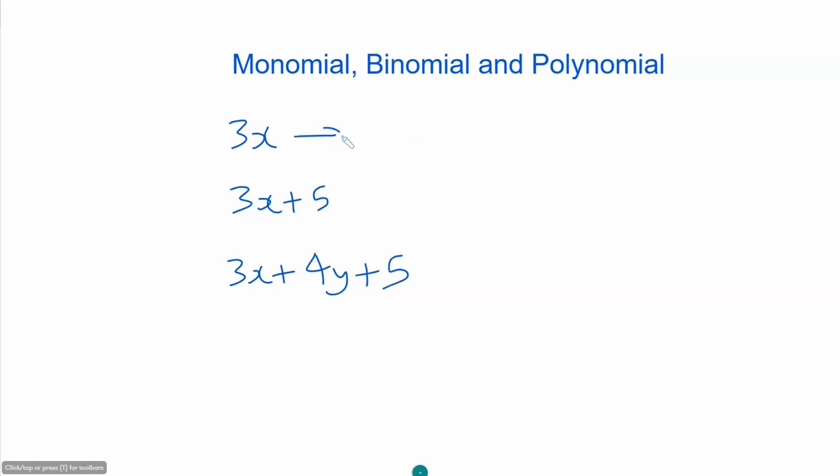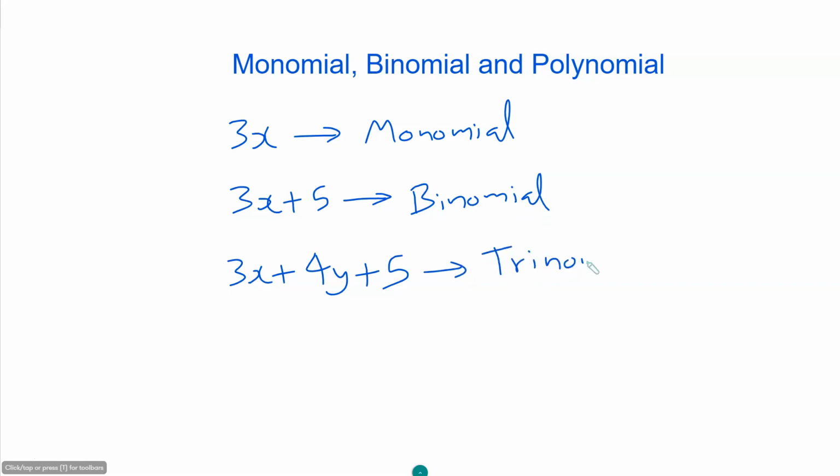The first expression has only one term and that's called a monomial. So a monomial is an expression with only one term. The second expression has two terms, 3x and 5, and that's called a binomial. Similarly, this is a trinomial because it has three terms. And a polynomial could be either a monomial or a binomial or a trinomial, or it could even have more than three terms.